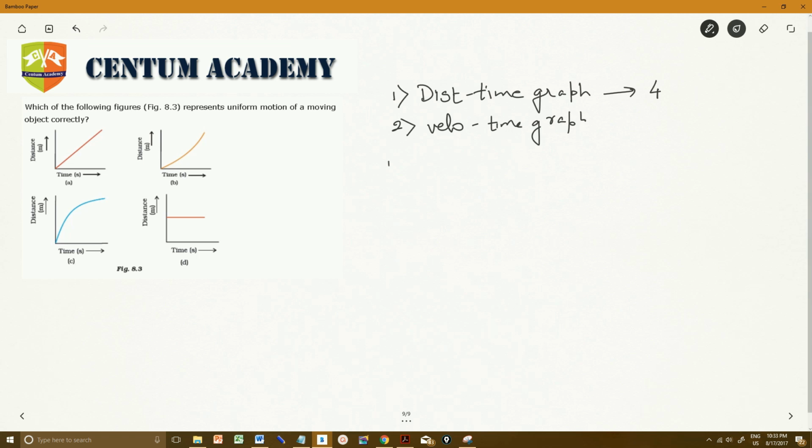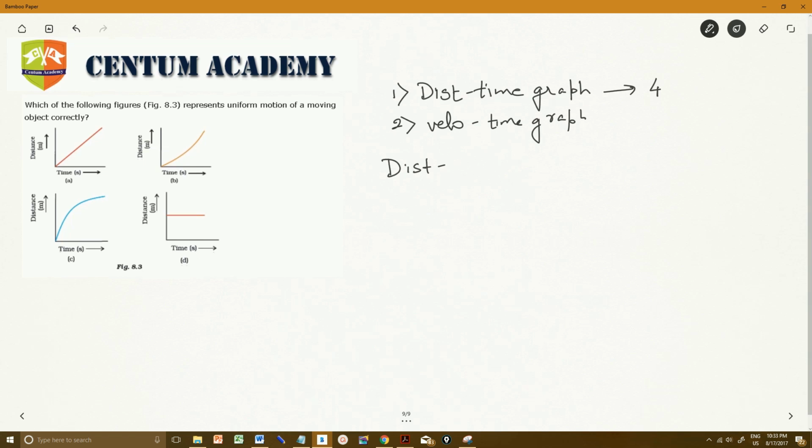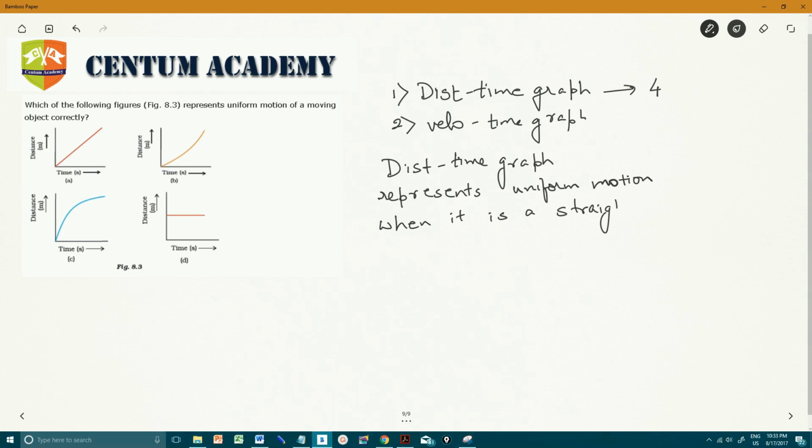So our distance time graph represents uniform motion when it is a straight line at an angle to the time axis.